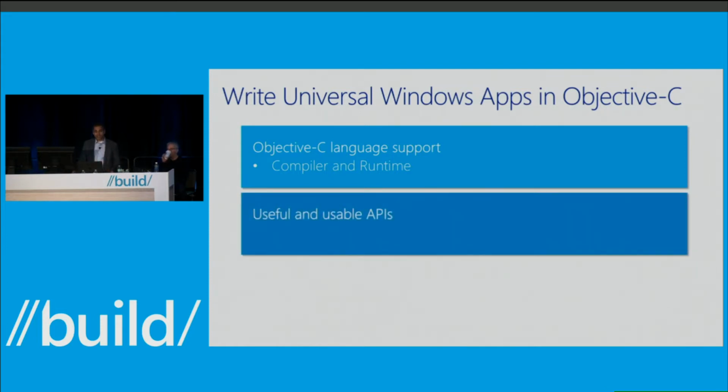Then you need APIs. Because when you use Project Islandwood, you are, in fact, writing a Windows application, you can freely interoperate with the Windows Universal API surface. You can lean on things like Ink, Cortana, et cetera. But we really want to make it easy for you to bring any existing code, any existing skills, any existing knowledge you have.